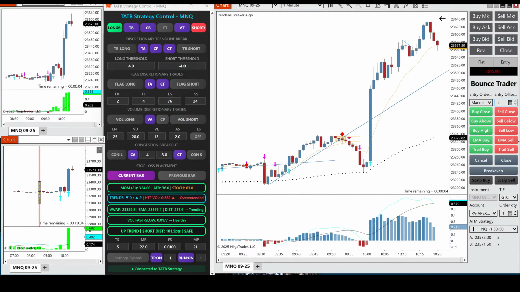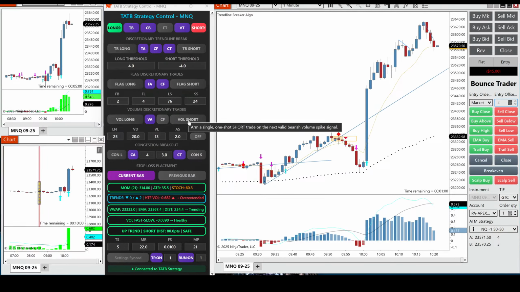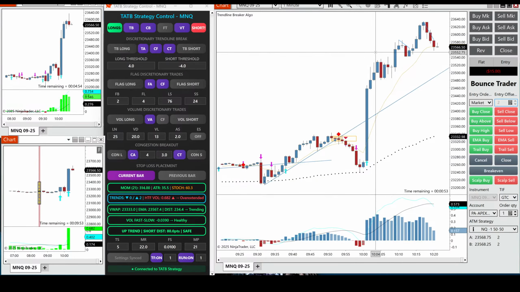This bounce trader chart trader is not part of the system. Flag up setup. So I'm waiting for a deeper retracement. Not doing it yet.